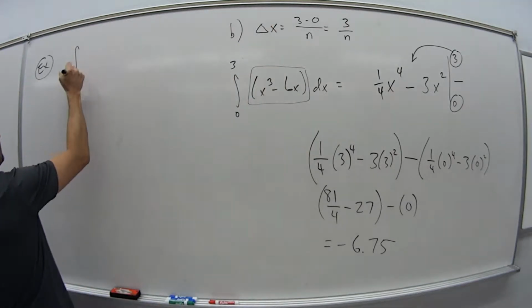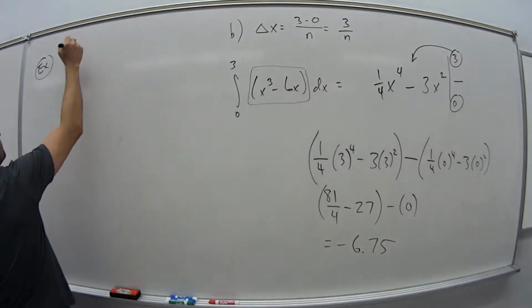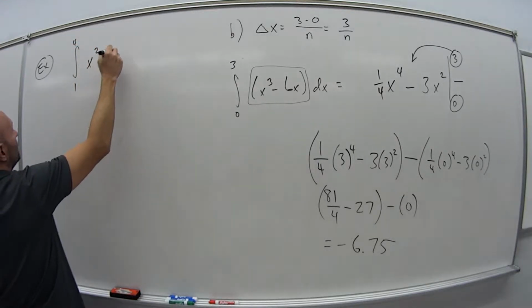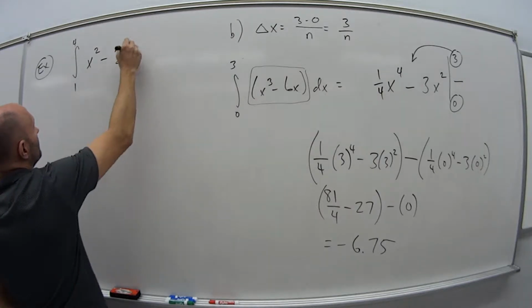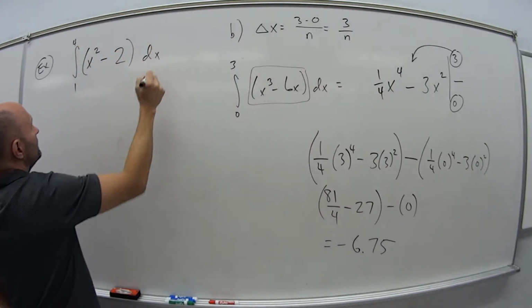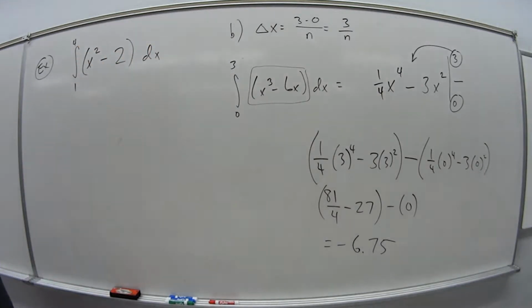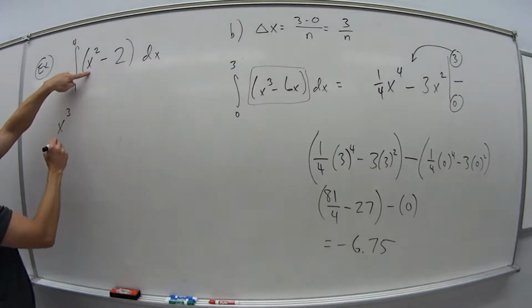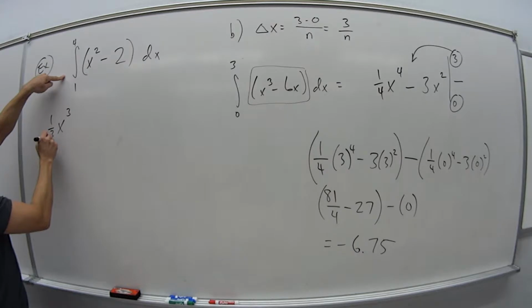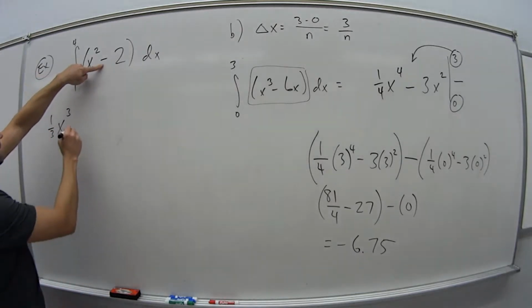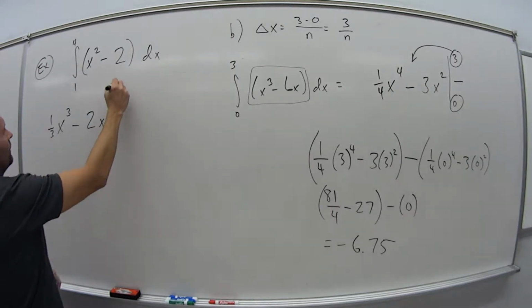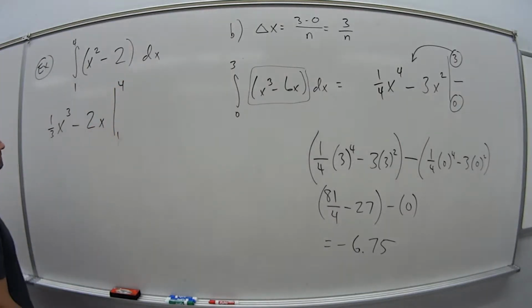But let's say we want to take the integral from 1 to 4 of x squared minus 2 dx. So I do what? Take the antiderivative of this, so this becomes x to the 3rd, divided by 3, so 1/3, minus 2x, and this is going from 1 to 4.